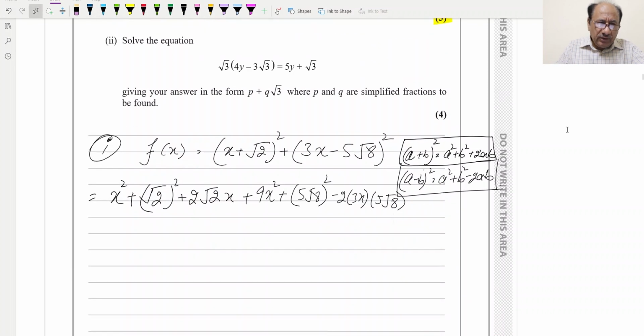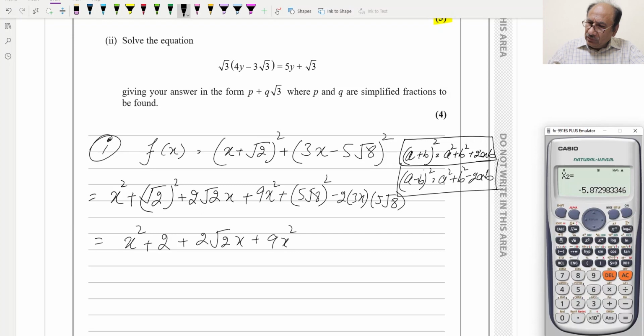And now we can rewrite it as x squared plus 2 root 2 x plus 9x squared, and this one we can solve with the help of a calculator.